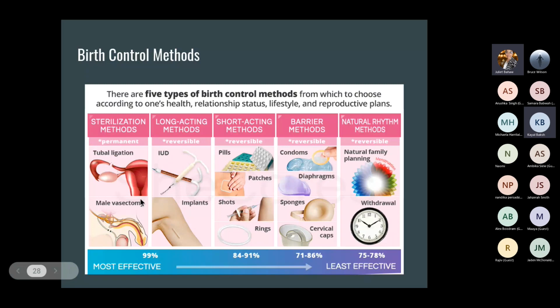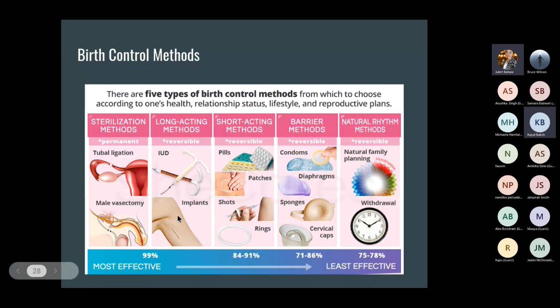It's like a barrier method, and it also prevents implantation. If fertilization took place, there's no way an embryo could implant itself on the wall because it blocks it. This lasts for about 5 to 10 years, and then it can be removed.